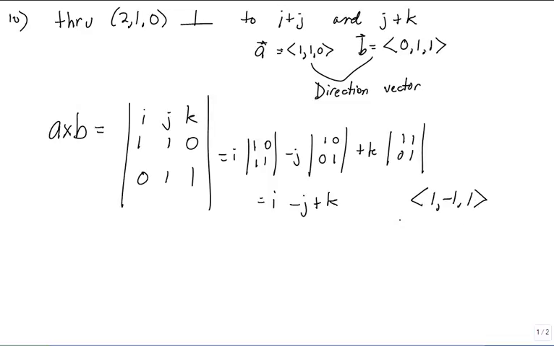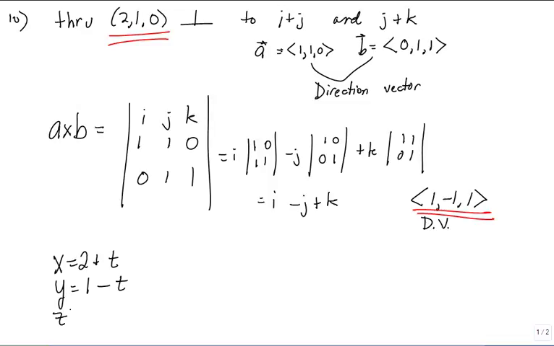So that's going to be the direction vector for our line. So we're going to use this point, and this is the direction vector. So x is 2 plus 1t, y is 1 minus 1t, and z is 0 plus 1t. Those are the parametric equations. And it's just as easy to get the symmetric equations if you need them.